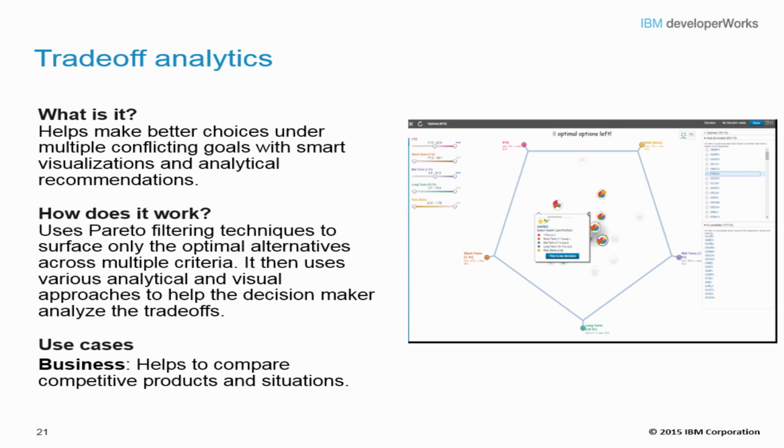Tradeoff analytics uses Pareto filtering techniques to identify the optimal alternatives across multiple criteria. It then uses analytical and visual approaches to help the decision maker explore the trade-offs within the optimal set of alternatives. This ensures that the chosen option will adhere to the goals and criteria that matter for the decision maker.